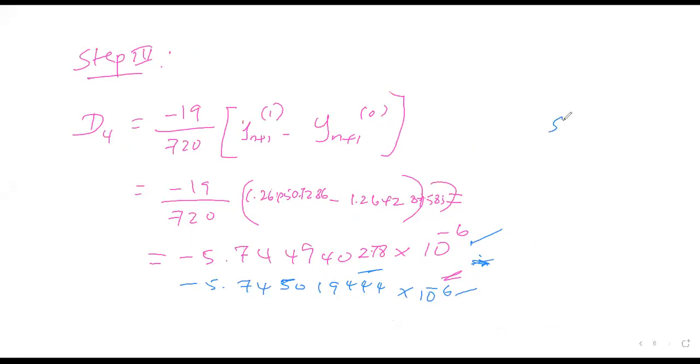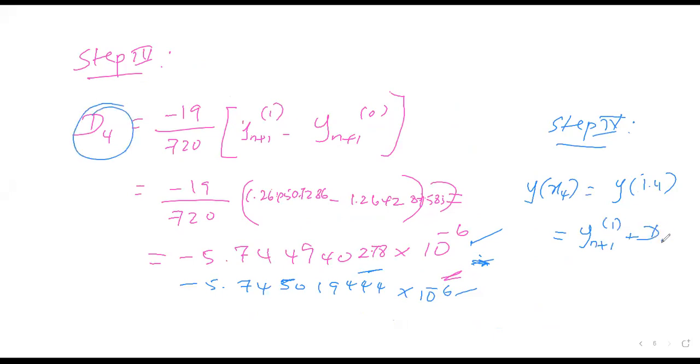Similarly, step 4 is very simple, isn't it? Step 4 says, therefore, we have reached our answer. y(x4), which is equal to y of 1.4, that is our question, equals y(n+1) of 1 plus this d4 value. Can you add this one?